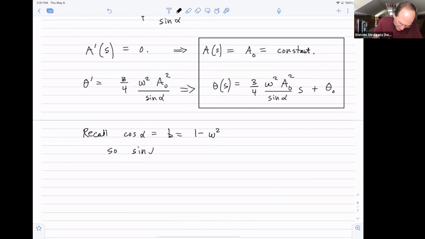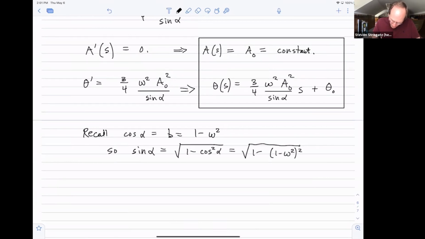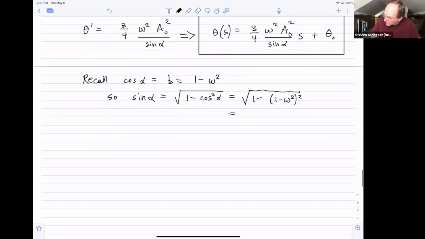So that would tell me that sine of alpha would be square root of 1 minus cosine squared of alpha. So that should be, well, whatever. Square root of 1 minus omega squared all squared, which when you simplify it gives omega times square root of 2 minus omega squared.